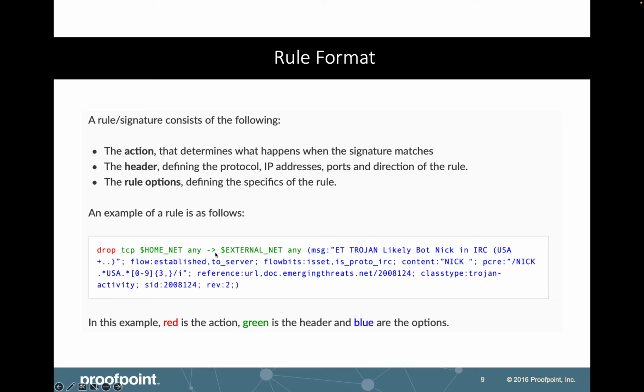Then you've got an arrow to determine the direction of traffic, to external net, which is just another variable that's set in your config, and then also any port. Then the rule options are everything else in the rule: the message, your content matches, references, and whatever else you want in there.